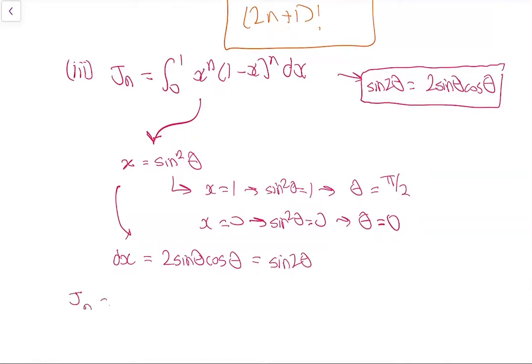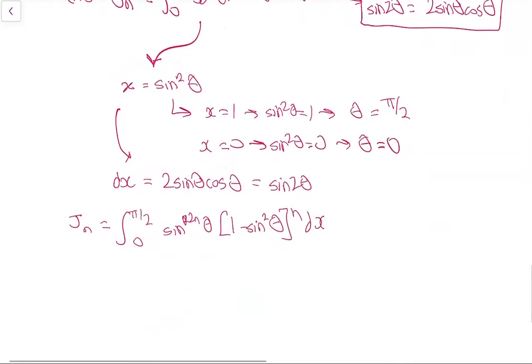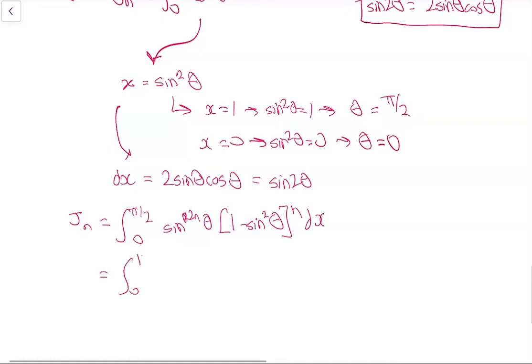So Jn is the integral from 0 to pi over 2, and x to the n is sine to the power of 2n theta, and 1 minus x is 1 minus sine squared theta, to the n, dx. So 1 minus sine squared theta is the same as cos squared theta, using sine squared plus cos squared is 1.